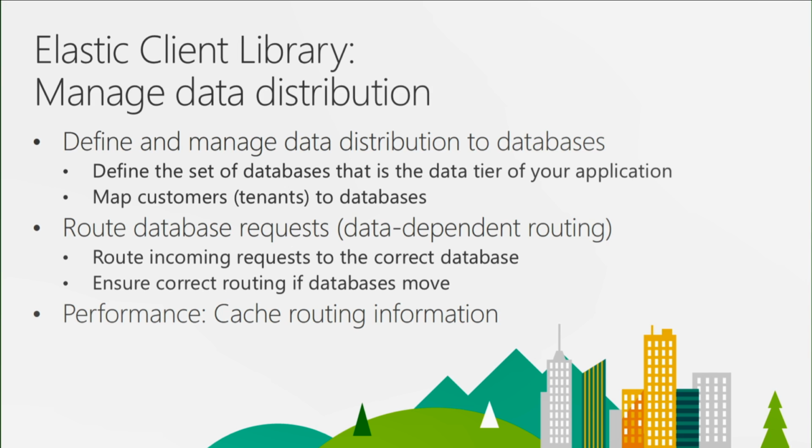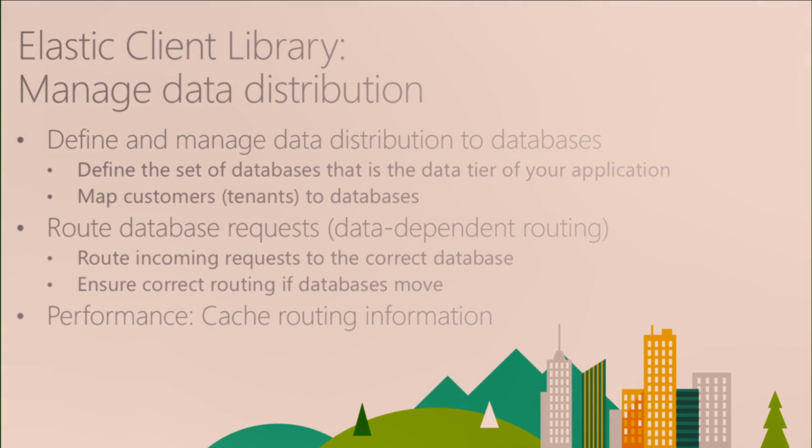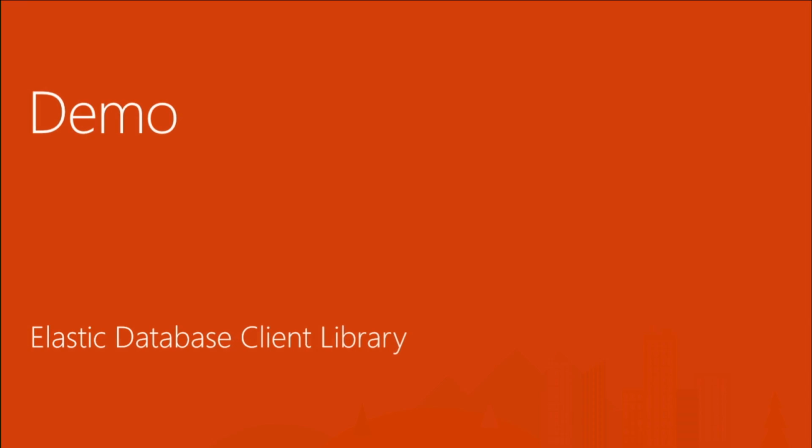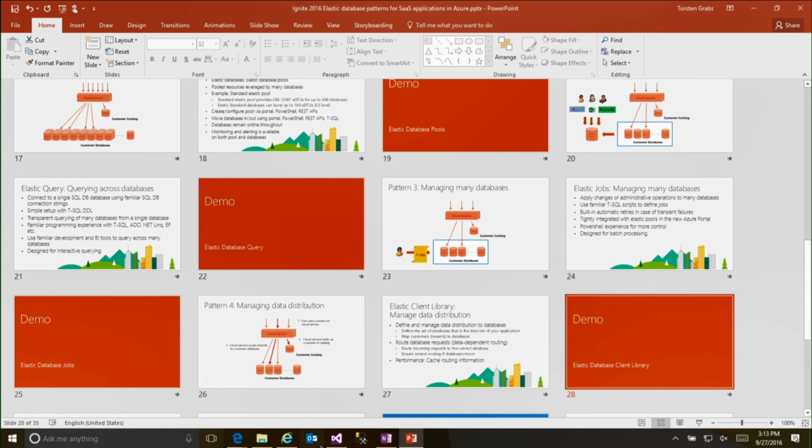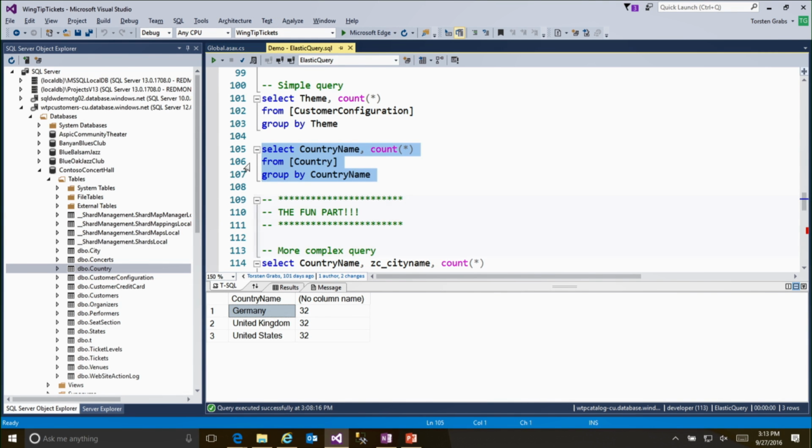And so this is a great capability where you can focus on where you're making money with your application and utilize the functionality of the client library to help develop these applications more easily. Let's check out the client library. All right, and I'll use the same demo application again to illustrate this a little bit.